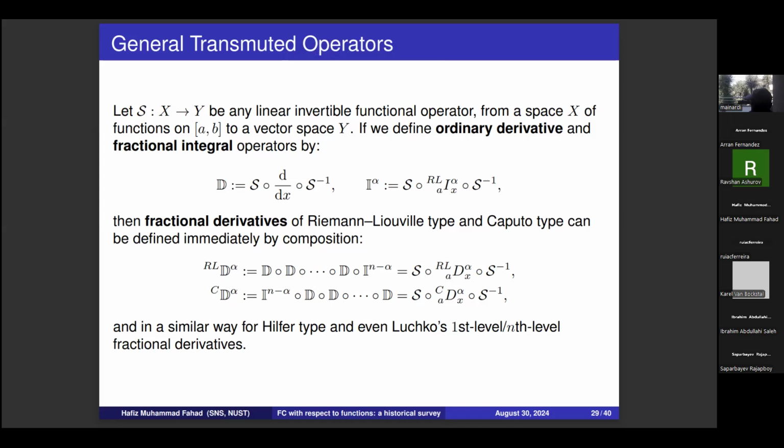And similarly, we can define the Caputo type fractional derivative. And again, in a similar way, we can define the Hilfer type and even Luchko's first level, nth level fractional derivatives.